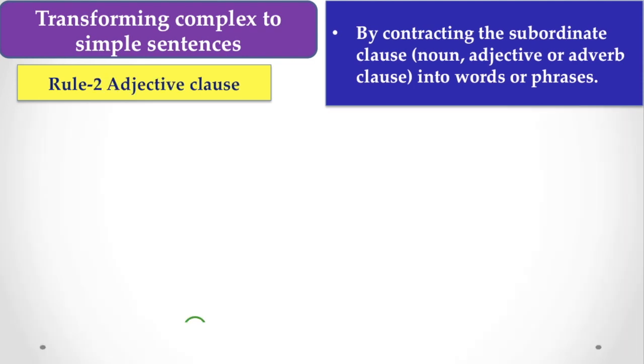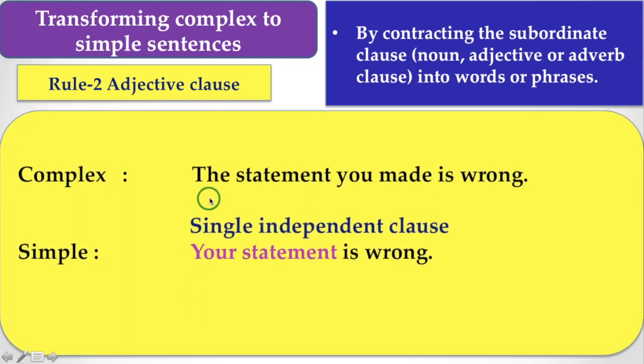Next, now in this slide I am going to show you how to change an adjective clause into a word or into a phrase while transforming a complex sentence into a simple one. Here the statement you made is wrong.